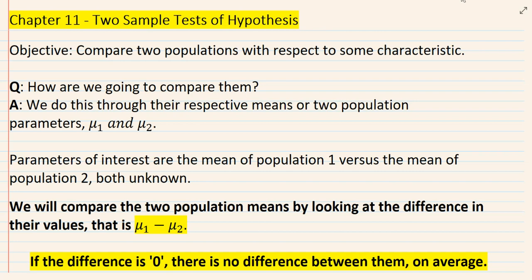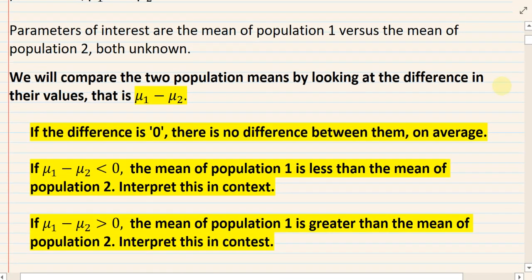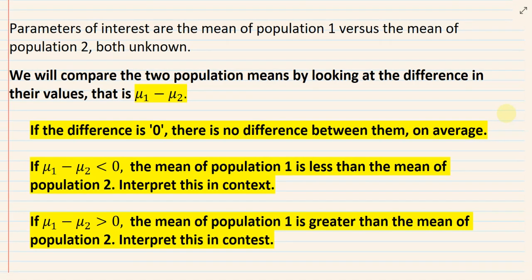So again, in order to be able to compare two population means, we're going to look at the difference between their means. And the reason for doing that is, because if we compare two population averages through the differences, a difference of 0 would indicate that there is no difference between the two means, right, between the two averages.